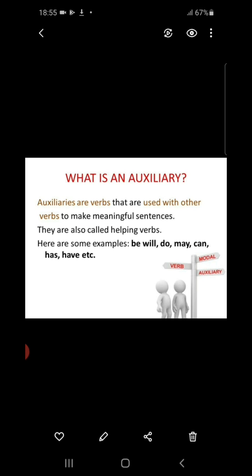They support main verbs in different kinds of sentences to render specific meanings of those sentences. So they are known as helping verbs.